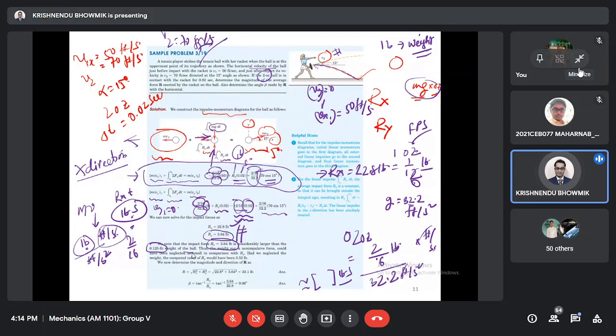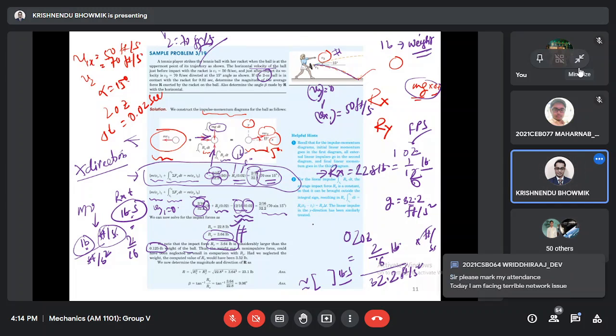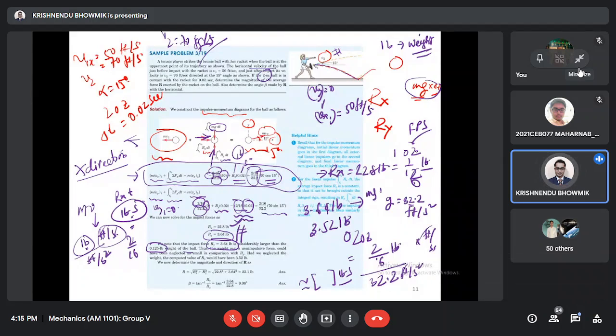Had we neglected weight, we can compute the value of Ry as 3.52 pound. Here it is 3.64 pound when you have considered mg, and 3.52 when you have not considered mg.